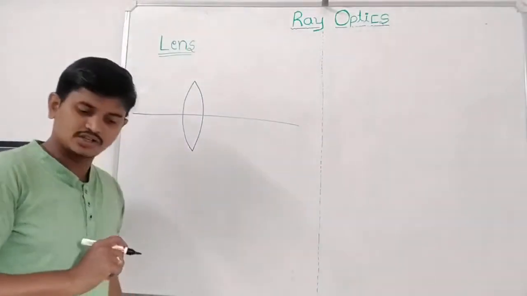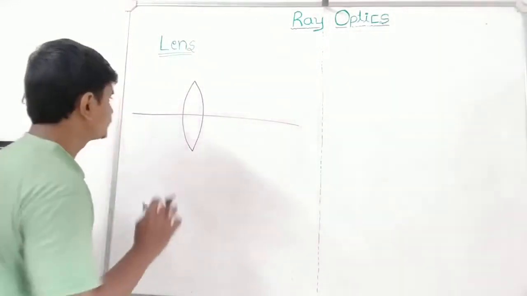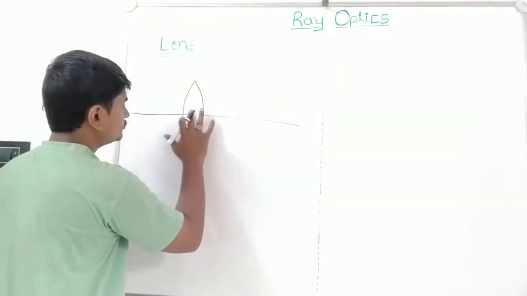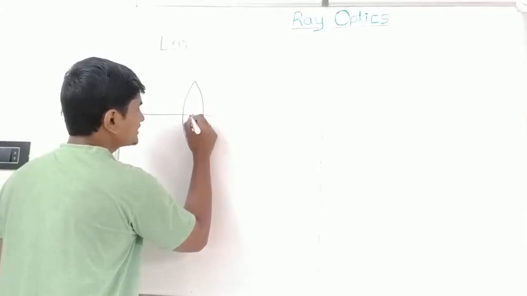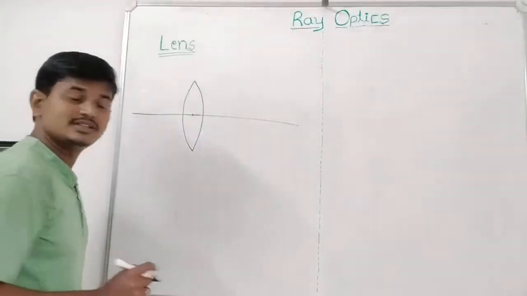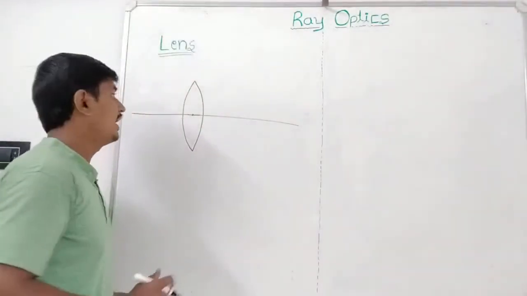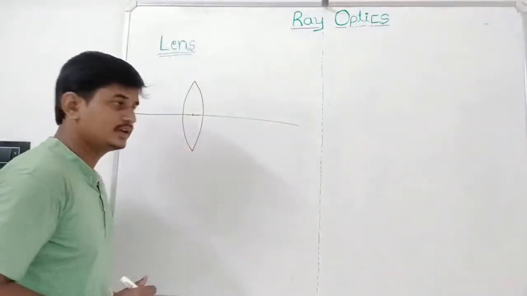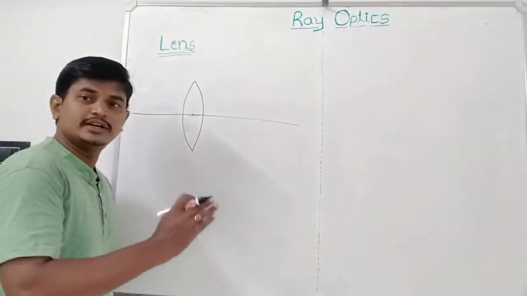Then the second thing is the optical center. What is that optical center? The optical center is a point on the principal axis inside the lens. If any ray passes through this point, it moves parallel to the initial ray.